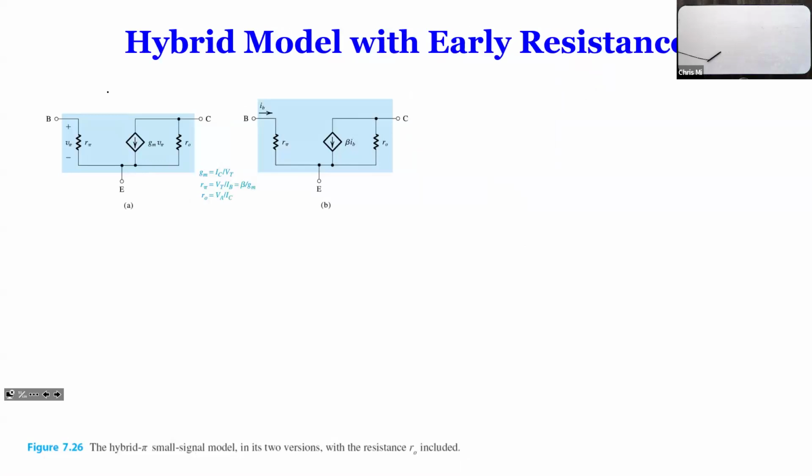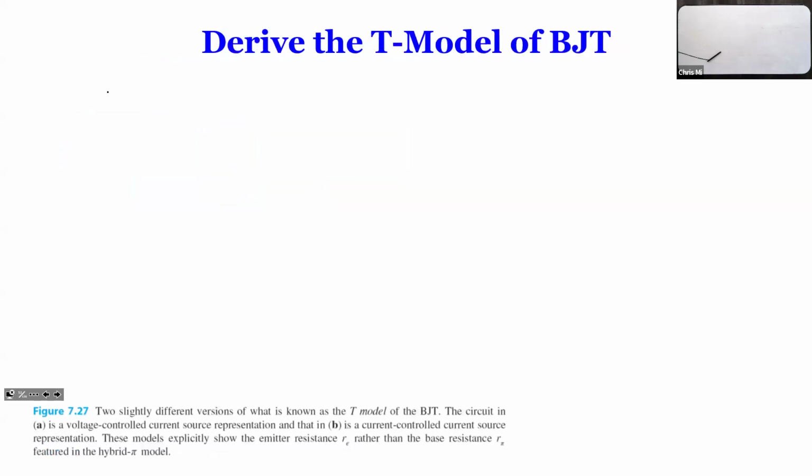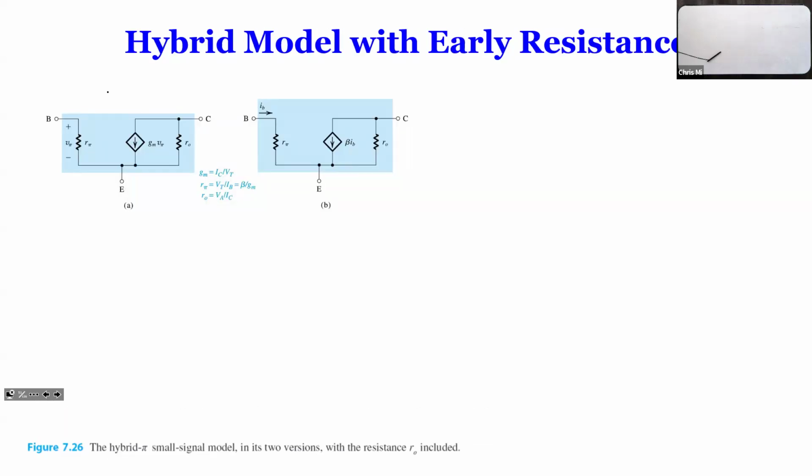RO can be calculated using VA divided by IC. That's what we did in the DC analysis in chapter 6. Based on this small signal circuit, we're going to go through the same process to derive the T model.